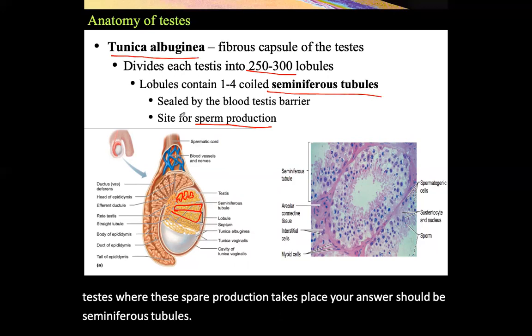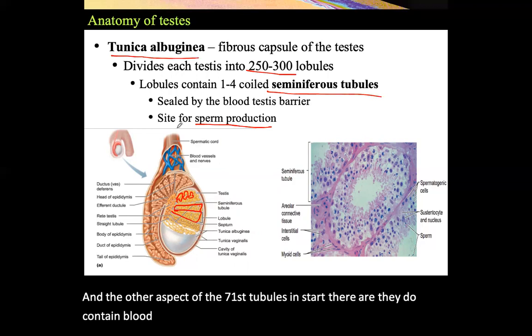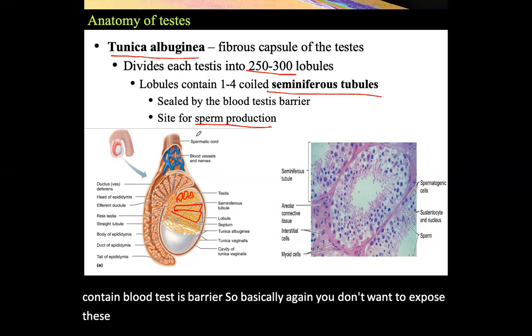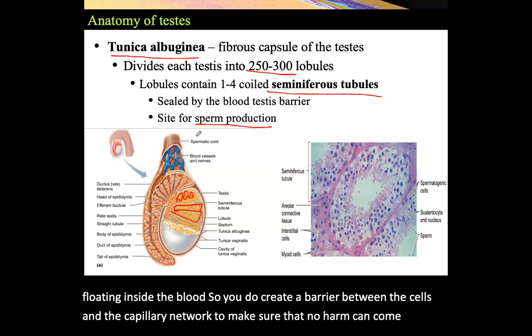The other aspect of these seminiferous tubules is that they do contain the blood-testis barrier. Basically, you don't want to expose these reproductive cells to many of the components that are freely floating inside the blood. So you create a barrier between these cells and the capillary network to make sure that no harm can come to these cells.